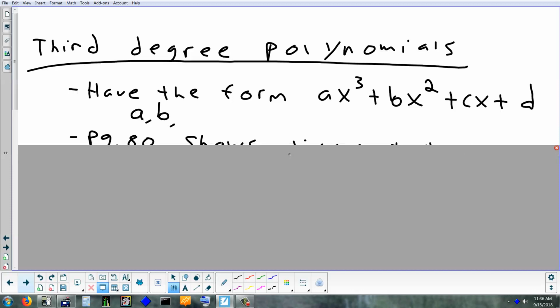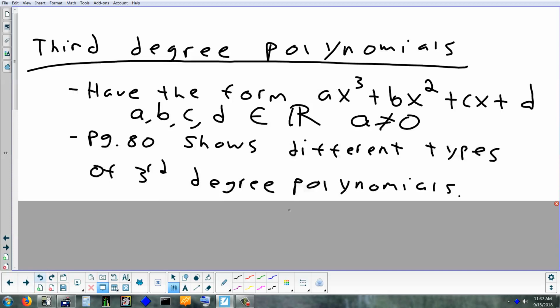So A, B, C, D are real numbers. But you don't want A to be 0 because if A is 0, 0 times x cubed is gone. Now you just turned your cubic into a quadratic. So A can't be 0. But other than that, A, B, C, and D can be any real numbers you want.